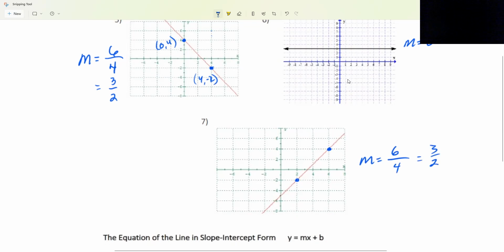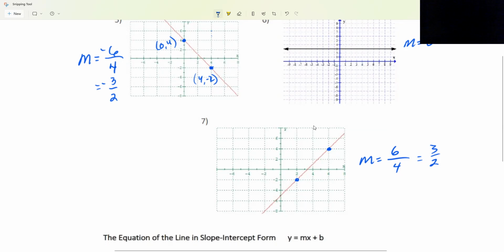I made a boo-boo over here because we went over and we went down. So that's like we went down 6. I didn't put that there. So it's down, negative 3 halves. Sorry about that. But you can kind of see where you can just read it right off the graph, and you don't have to plug anything into an equation.